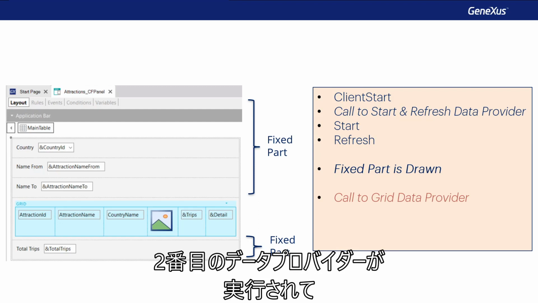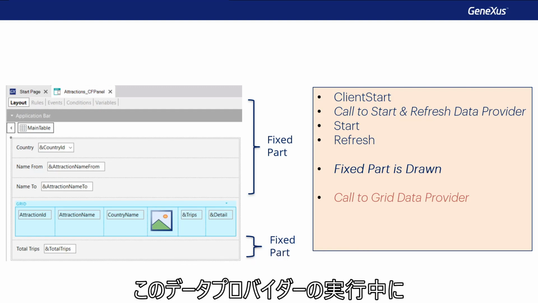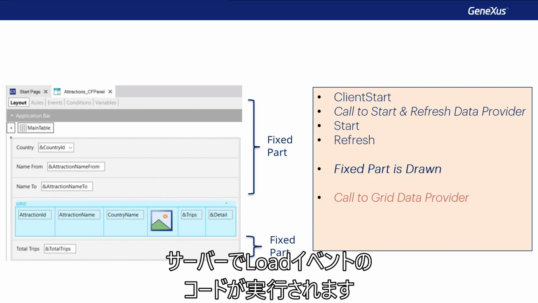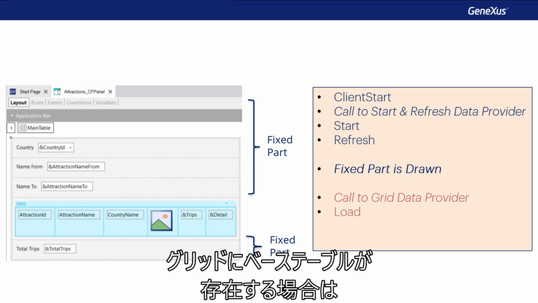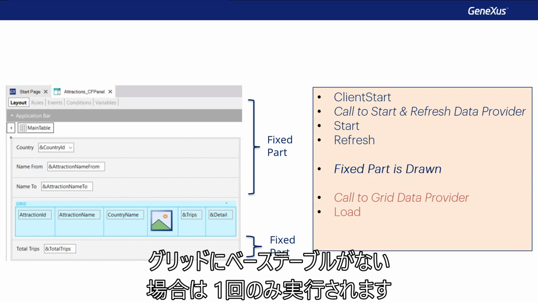A second data provider will be executed to retrieve the data required by the grid. Within the execution of this data provider, the load event code is executed on the server. This load event will be executed n times when the grid has a base table, once for each record, and only once if the grid doesn't have a base table.